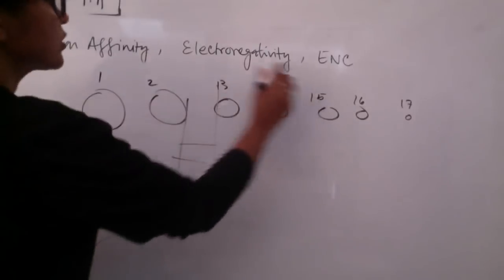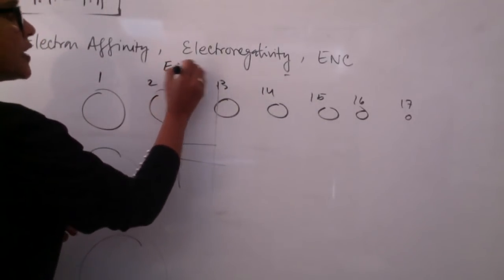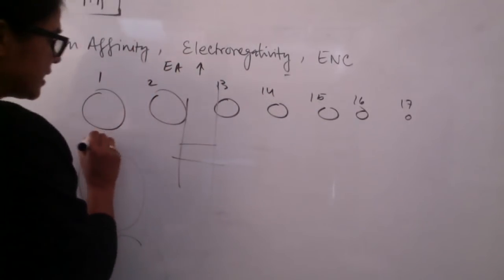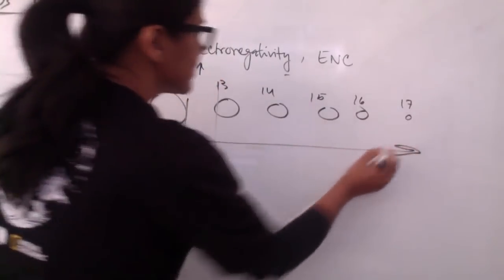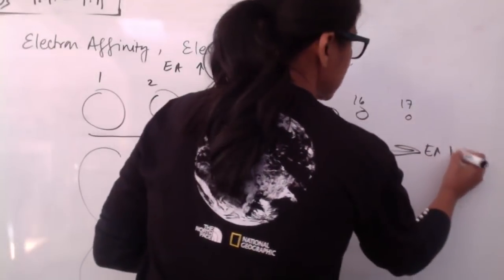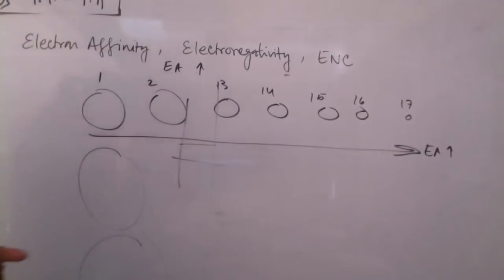But going across, ideally, electron affinity should increase steadily.